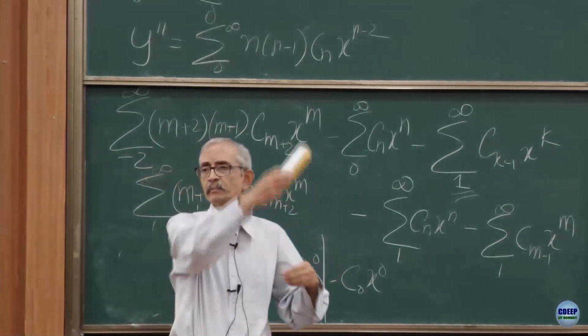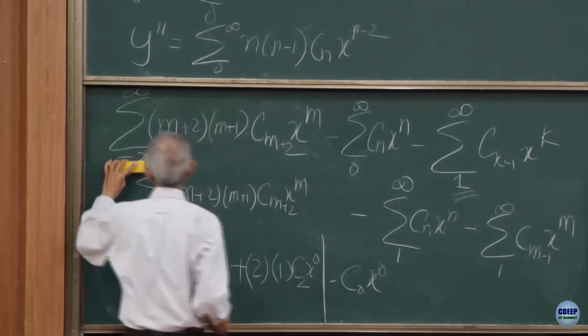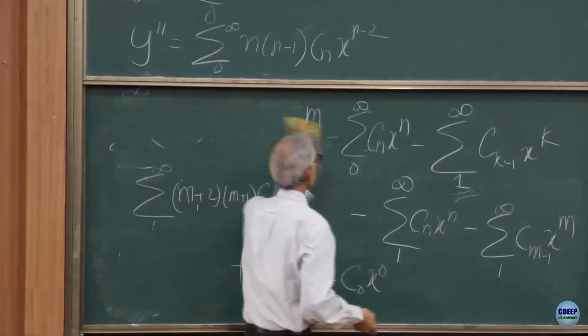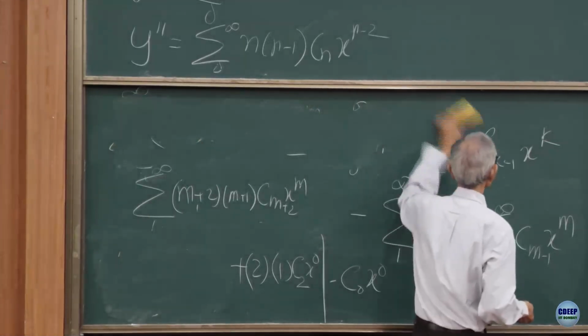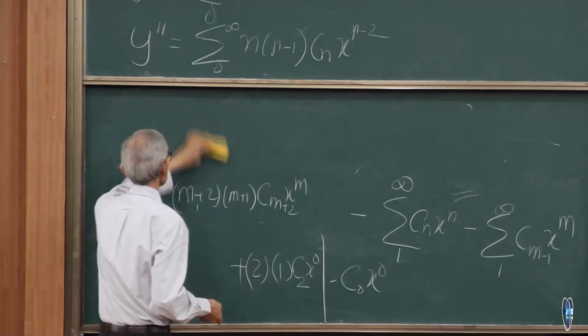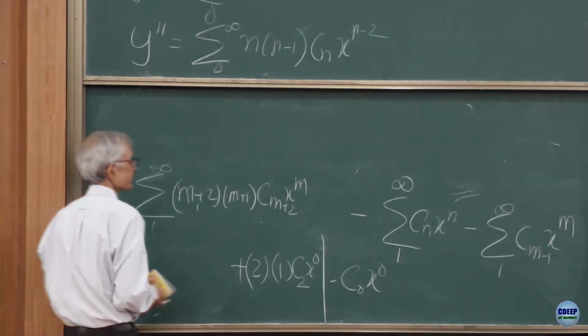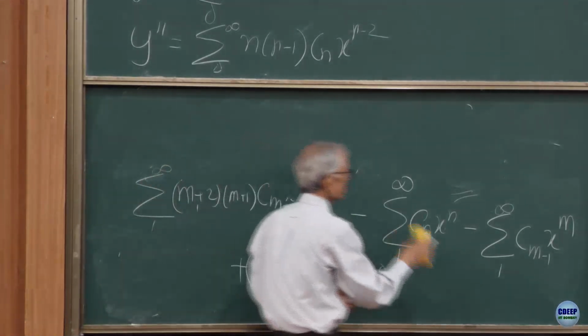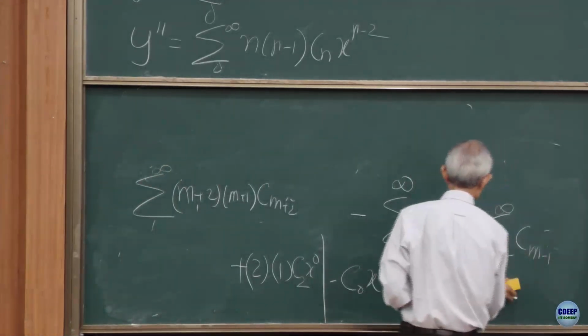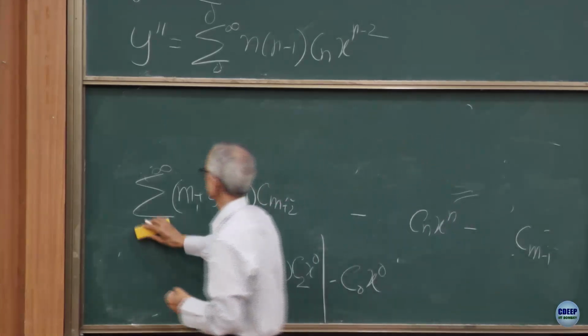All the limits are going from the same. So we'll just add up everybody together. So I can get rid of the summation sign. Everything can be done now.